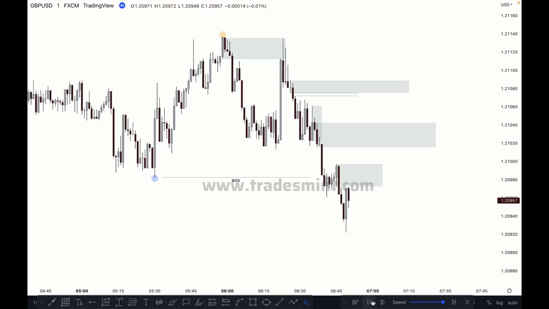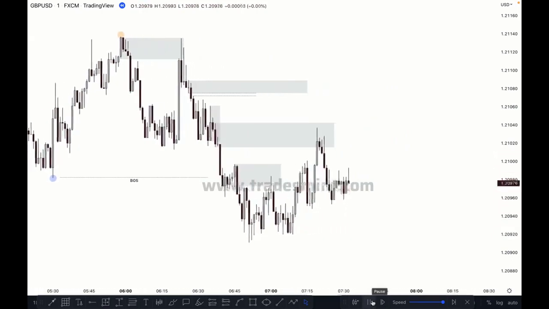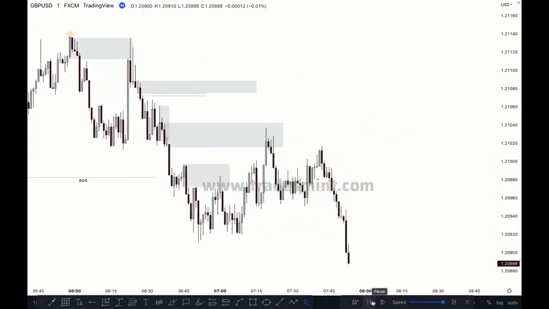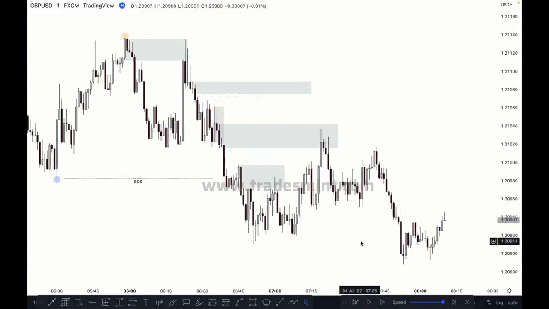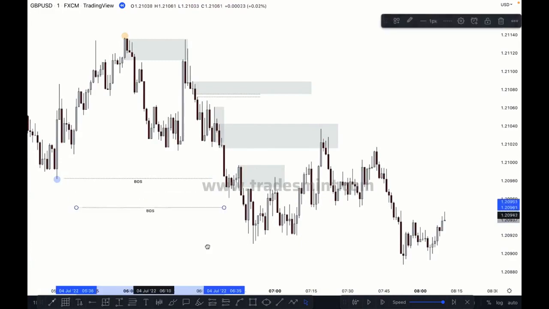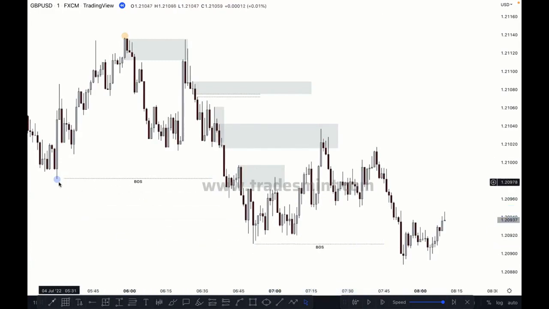We can see here the market pushed downside, took some reaction on the given order block, and then pushed downside. Generally, we can see here already that this is another break of structure. So how can we identify another order block in a bearish market?